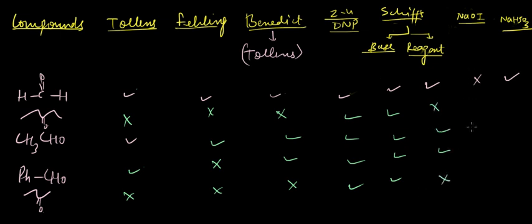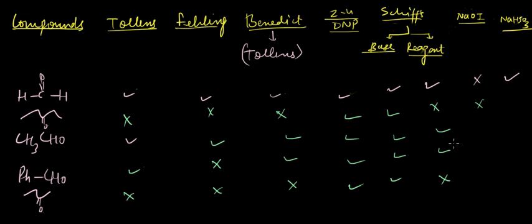Okay, what about NaOI? Haloform test. Haloform test requires 2 hydrogen atoms to be removed from the neighboring carbon atom, so it cannot be possible in this compound. What about this compound? It is still not possible. Why is it not possible?